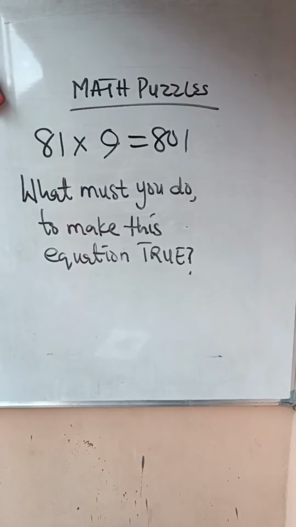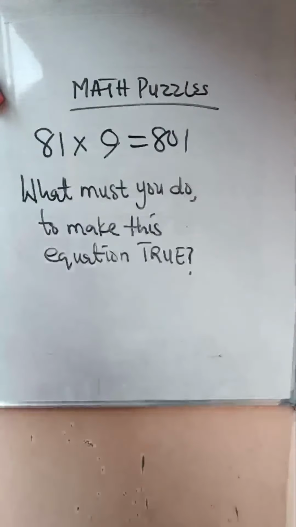Erich is saying C. Felix is correct, right? C upside down. Gary is saying minus 72. So let's go.